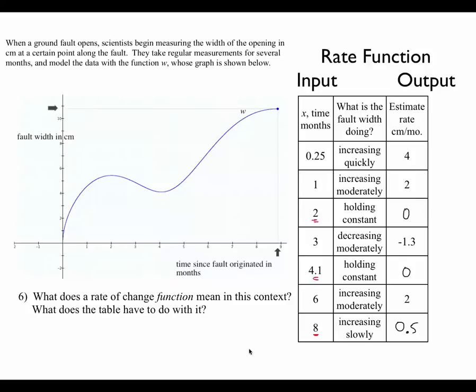Okay, so how do the output values of the rate function represent what we found in the second column, what the fault is doing? So compare those numbers to what we wrote in the second column. What is the connection between those numbers and column 2? Go.